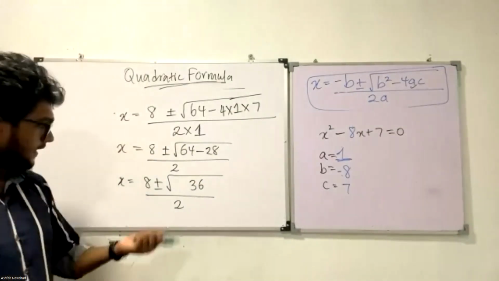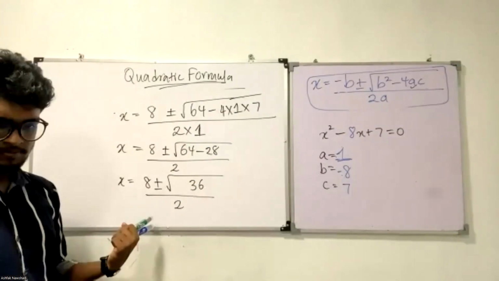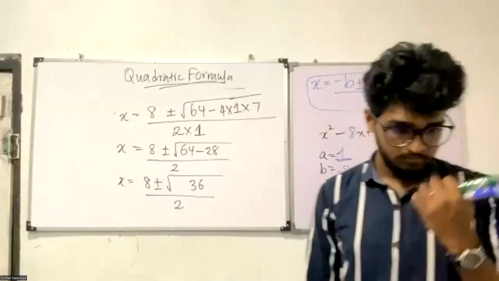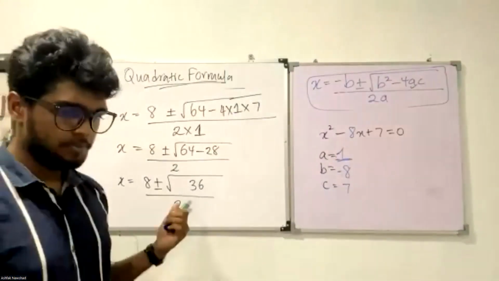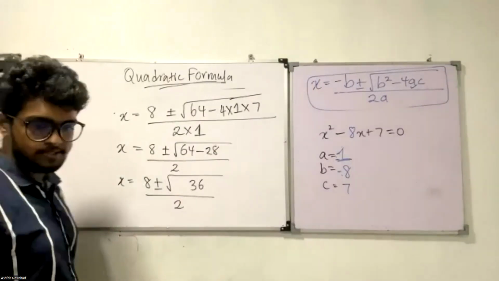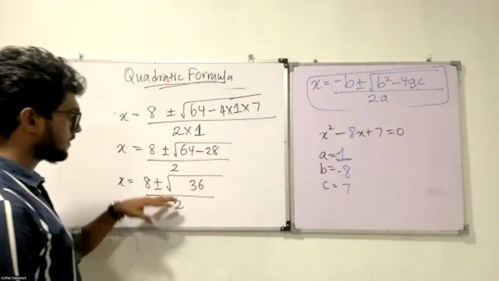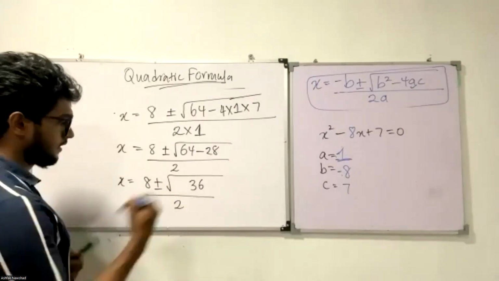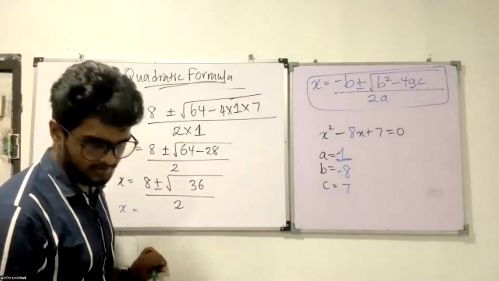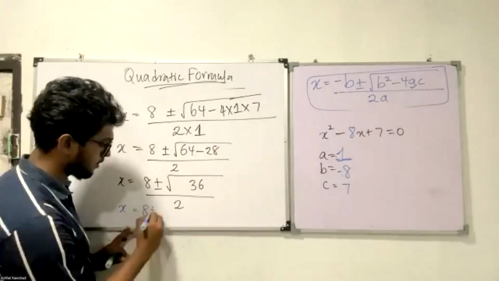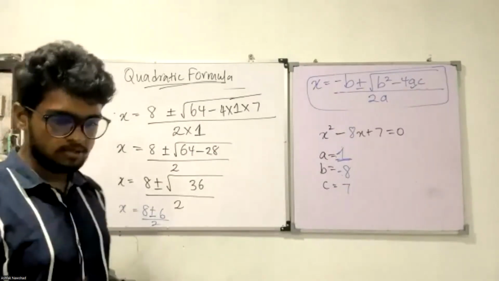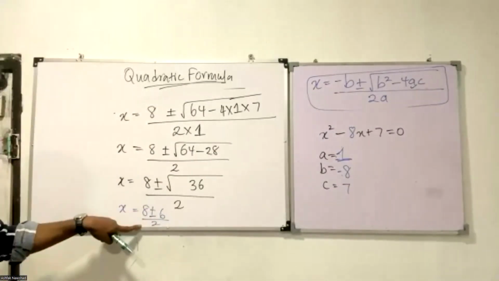Is it clear up to this point? Yes. Clear. So we know the root of 36. We are going to end up with a perfect answer here. What's the root of 36? It's 6. Yes. There is already a plus or minus, so this is just 6. 8 plus or minus 6 divided by 2.